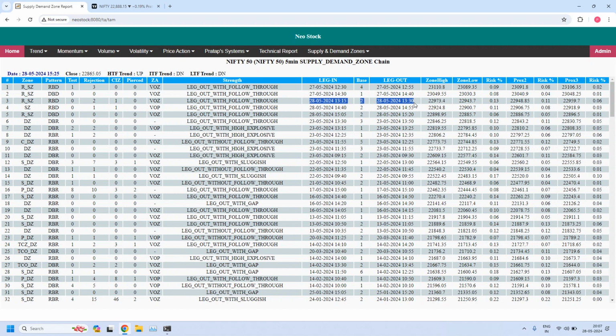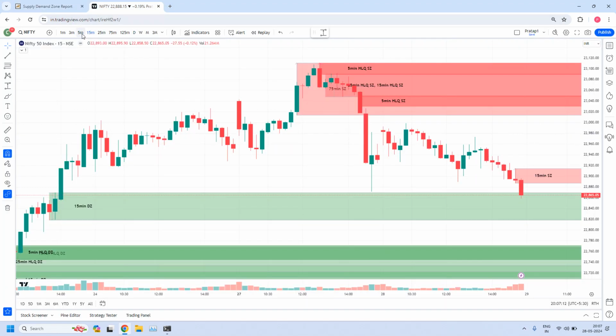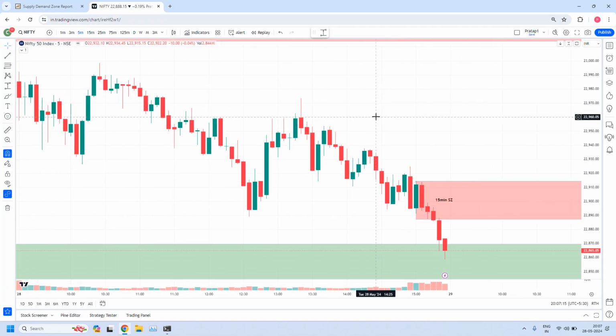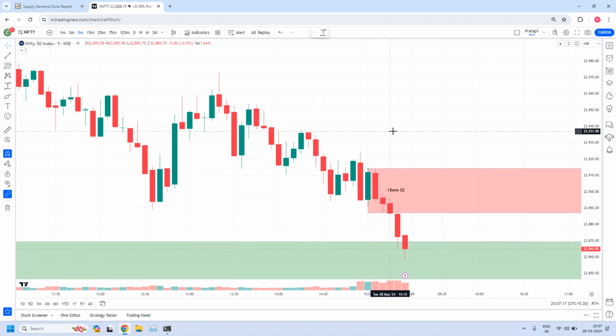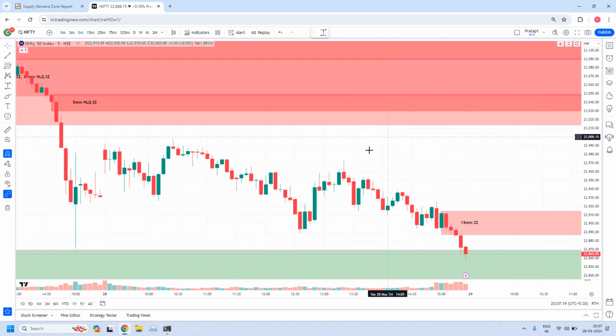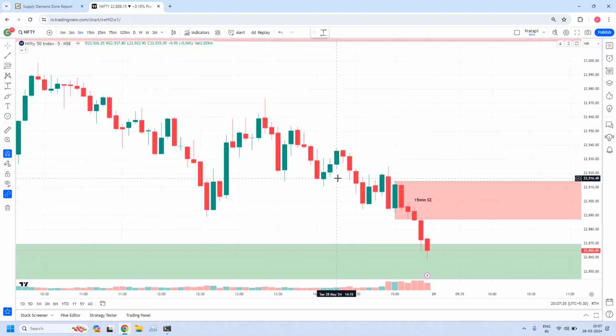The first one is created at 13:15, 2 base candles, 13 hours 15 minutes. So I'm changing the time frame to 5 minutes. So where is 13:15? So this is the one. We have a rally, 2 base candles, drop.